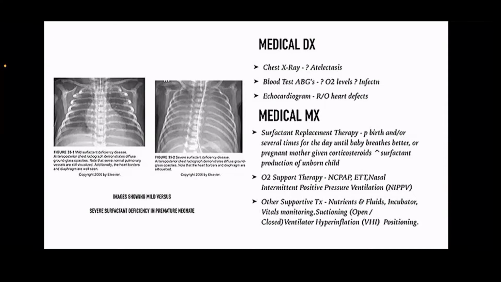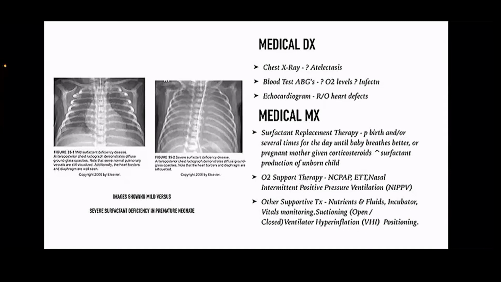The medical management of NRDS includes surfactant replacement therapy, and this occurs typically immediately after birth and or several times for the day until the baby is able to breathe better, or the pregnant mother may be given corticosteroids, and this helps to increase surfactant production in the newborn. Oxygen support therapy is also given. So there is NCPAP or neonatal continuous positive airway pressure, endotracheal tubes, nasal intermittent positive pressure ventilation.